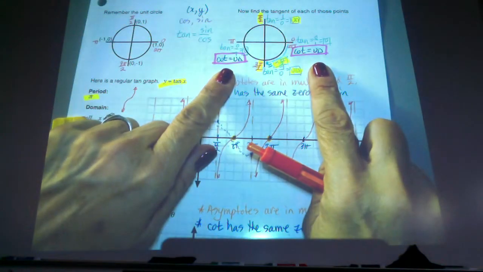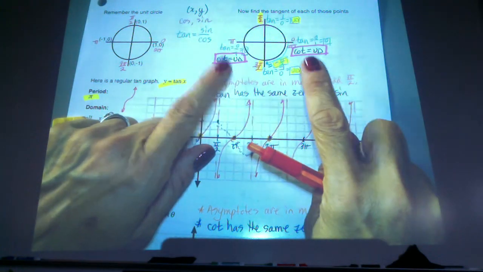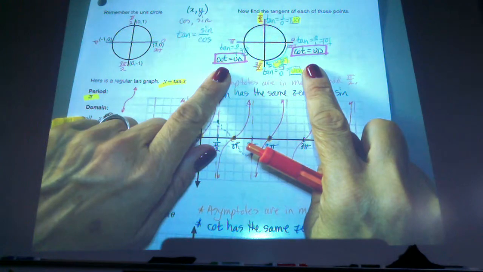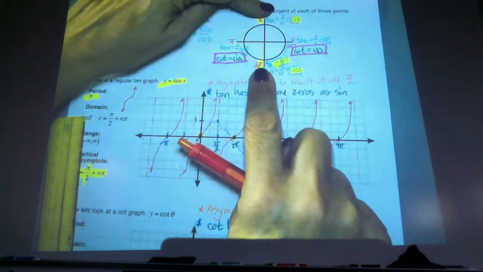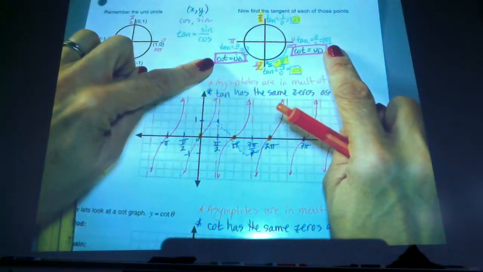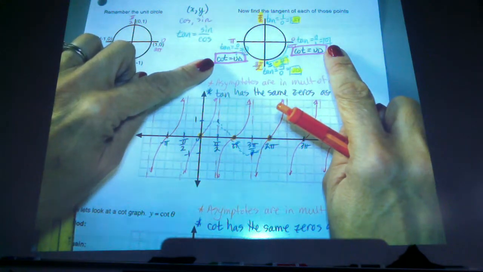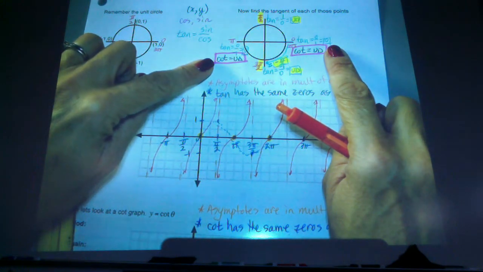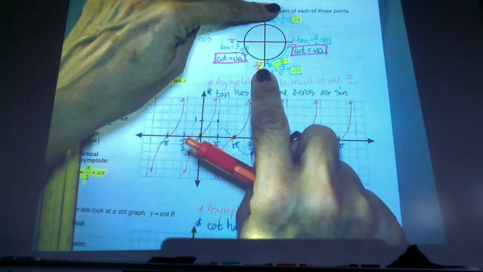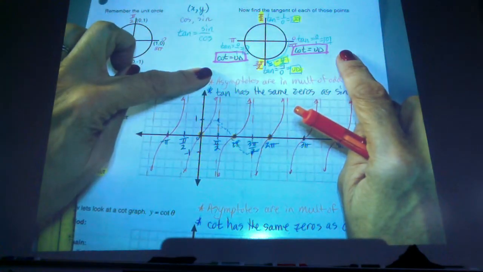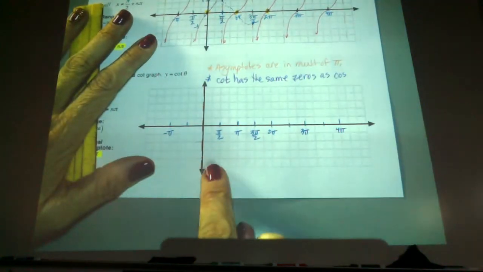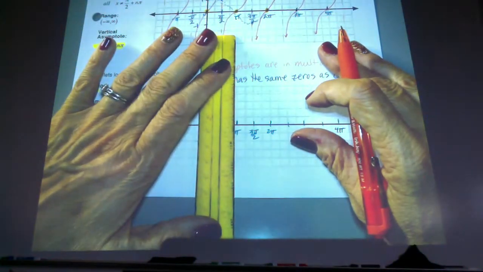Because remember up here we determined wherever tangent is 0, cotangent is undefined. So if tangent's undefined here, cotangent's undefined here. They're never undefined in the same place. So if you remember that for tangent, then cotangent has to be 0 and pi. And so we're going to put our asymptotes here at 0 and also at pi.